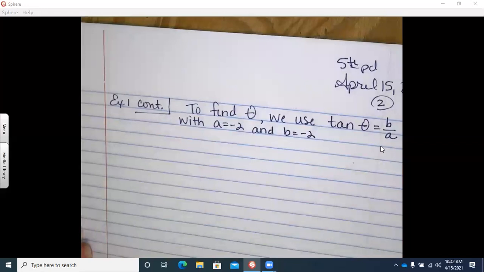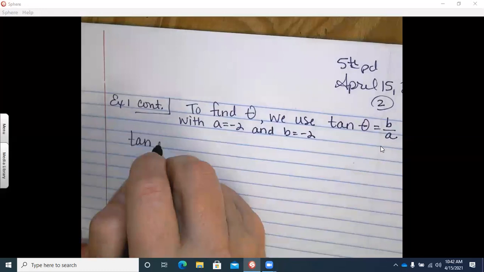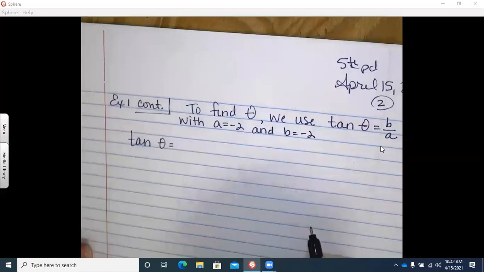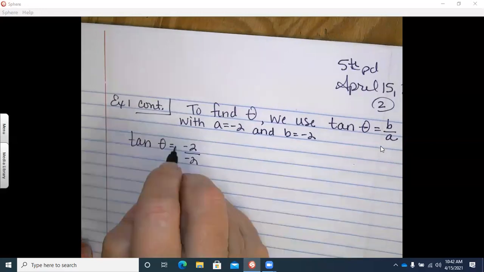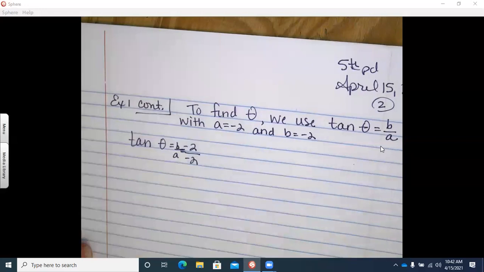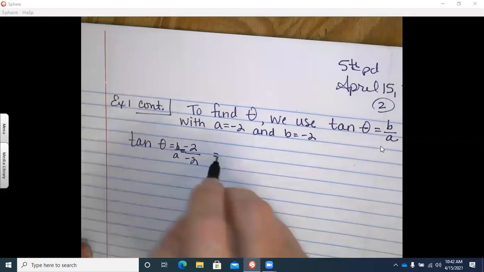Okay, so tangent of theta equals -2 divided by -2, because I should have put B over A. So B is -2, A is -2. -2 divided by -2 is what? 1.